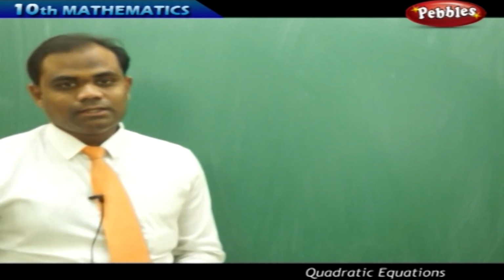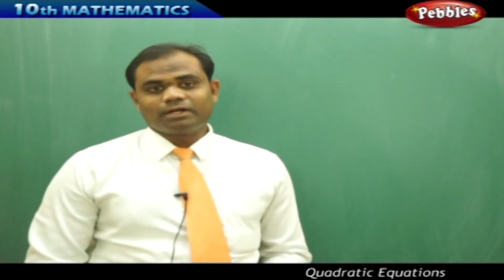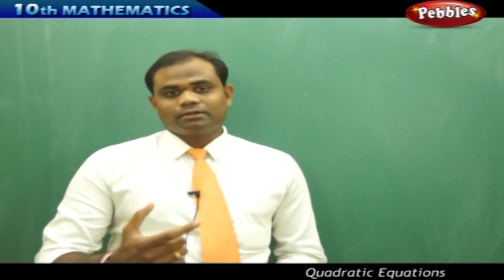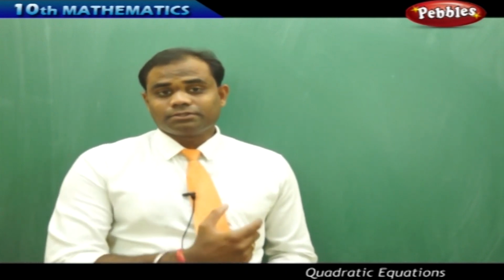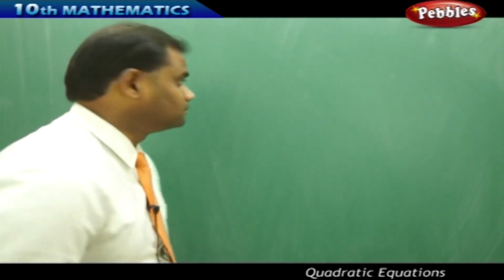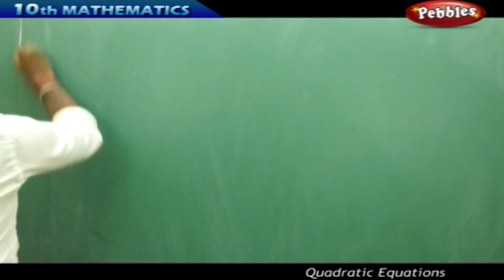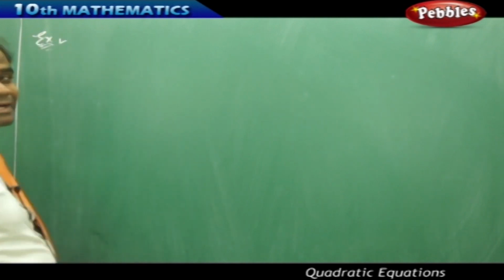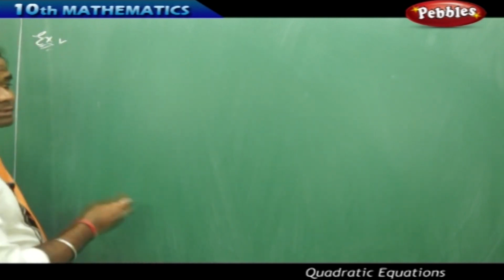Now, let's see how we can convert a word problem into the quadratic form, or represent the given situational word problem in the quadratic form. For example, I have a problem which connects the right angled triangle with quadratics.